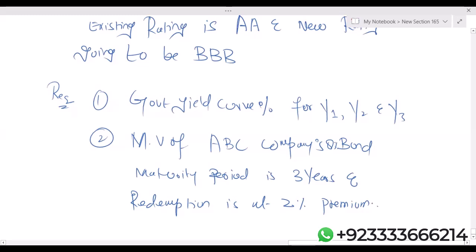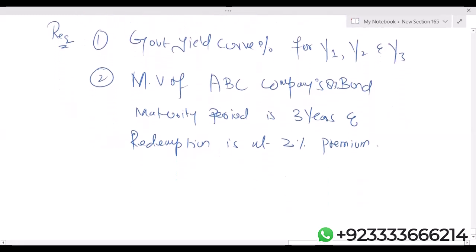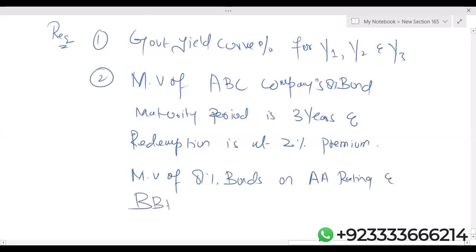So first we need to calculate government yield curve percentages for years 1, 2, 3, and then the market value of the company's bond. We need the market value of the 8% bonds on AA rating and BBB rating, so we have to calculate market value in both cases.